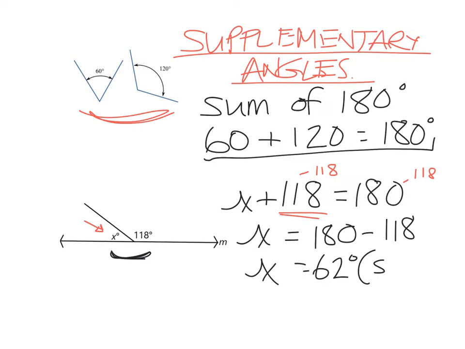And I know this because they have a supplementary relationship. So sup is your short form. Okay, so again, we want to set this up algebraically. We want to do the math. We want to make sure that we include our unit of measure, and then we also want to make sure that we include the proof. Okay, so hopefully, so far so good.